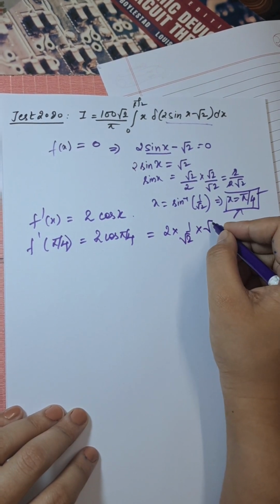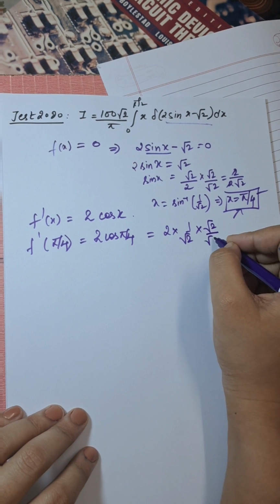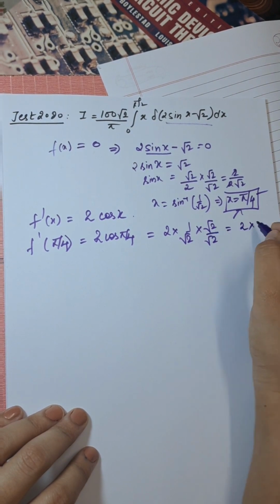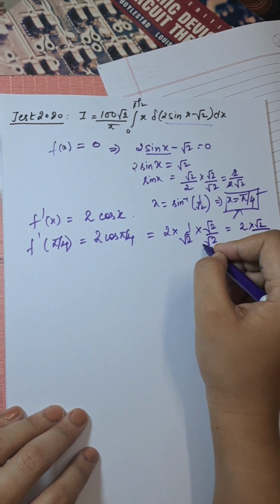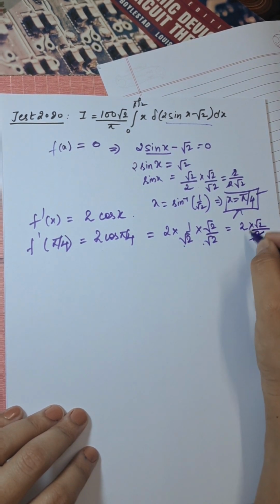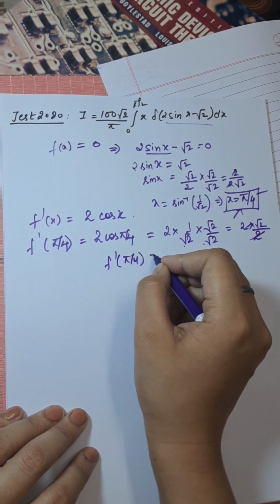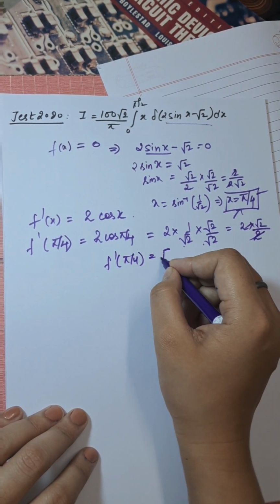Let us multiply the numerator and denominator again by root 2. So we'll get 2 into root 2, and root 2 into root 2 becomes 2. So f dash pi by 4 equals root 2.